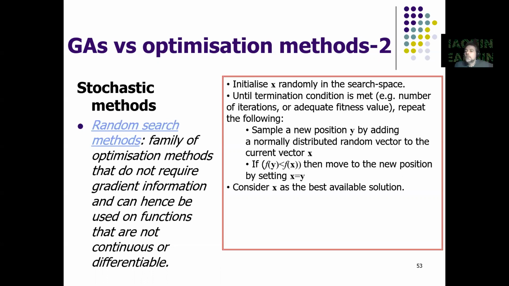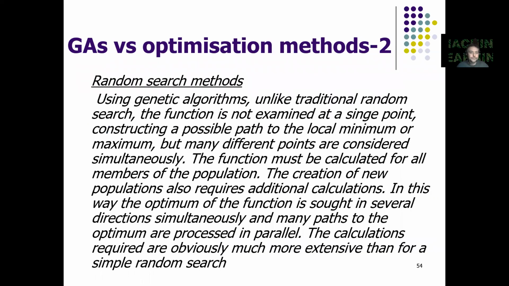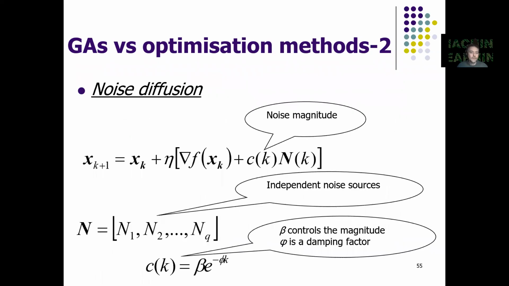Someone could say, okay, one could introduce a population-based random search. Yes, it's possible, and people have tried to do that. Usually it's more effective to use evolutionary algorithms or genetic algorithms instead of a population-based random search. Okay, I have this slide that explains the differences between the methods.